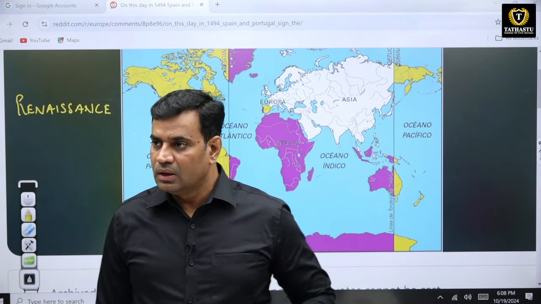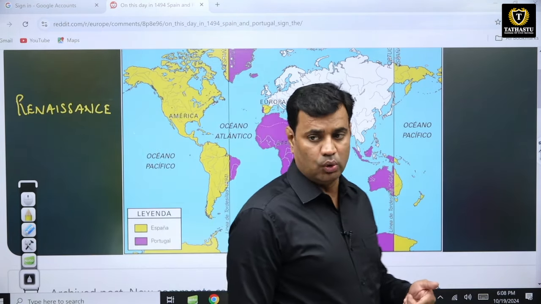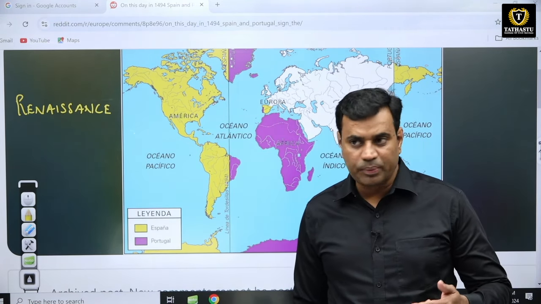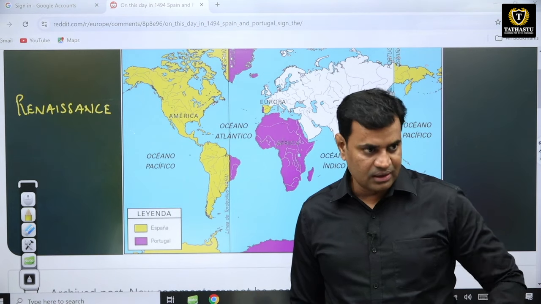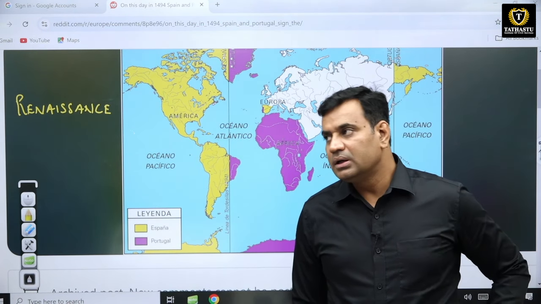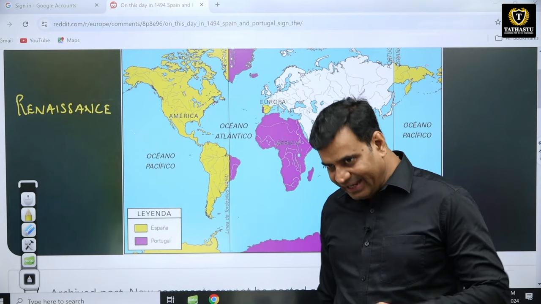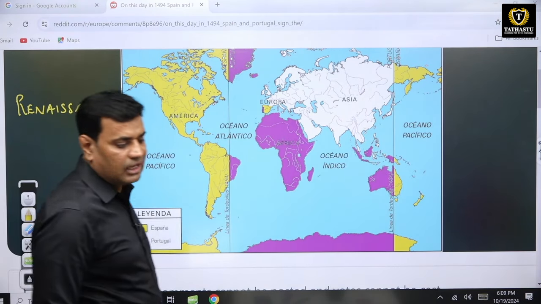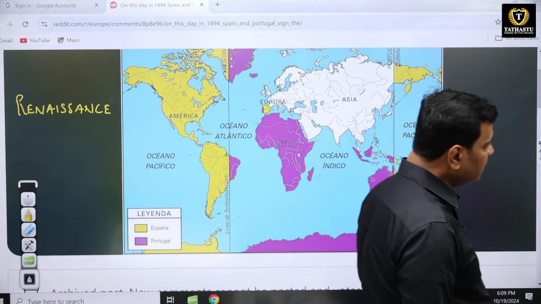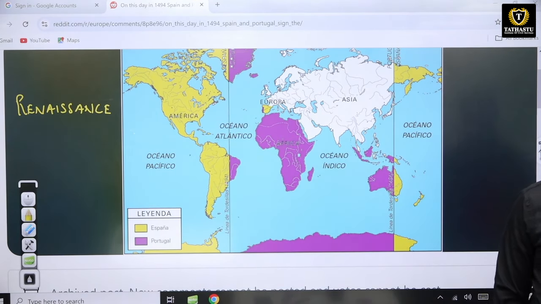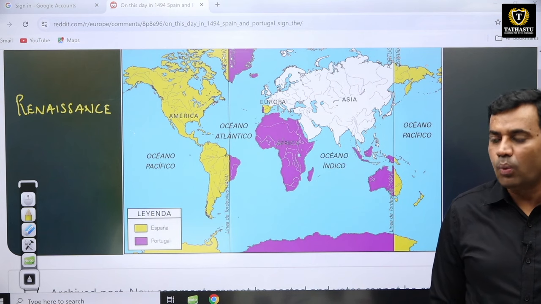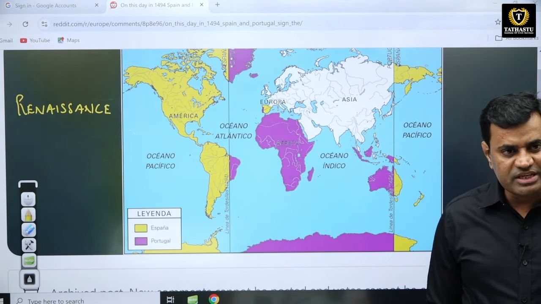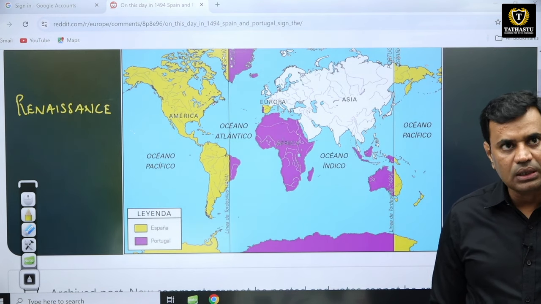The pioneering role, P-I-O-N-E-E-R-I-N-G, I hope you understand pioneering. The pioneering role in geographical exploration was played by Spain and Portugal.